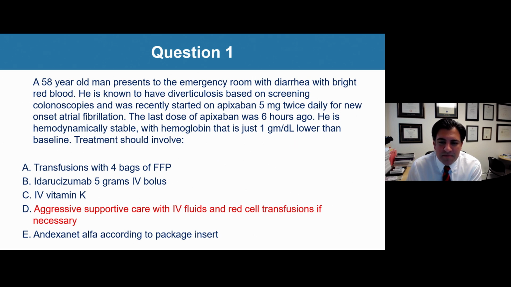His hemoglobin is about 1 gram lower than baseline, so he doesn't meet criteria for a major bleed. And as long as he remains hemodynamically stable, usually just holding the anticoagulant is enough to stop it. It has a very short half-life, and so many times by the time you get the patient into the emergency room, get their evaluation, and think about the drug, most of the drug may have actually metabolized out.